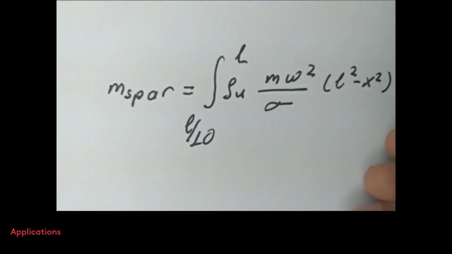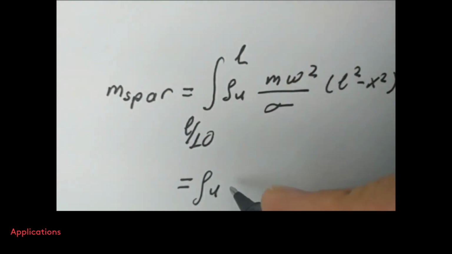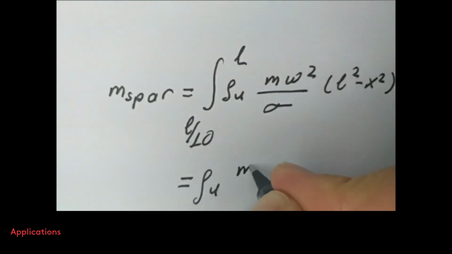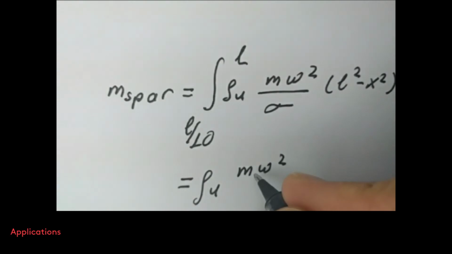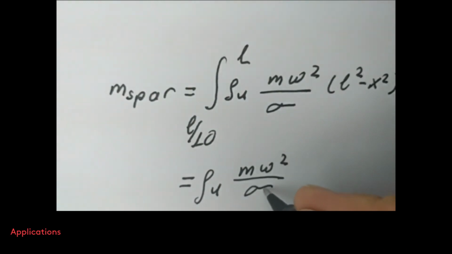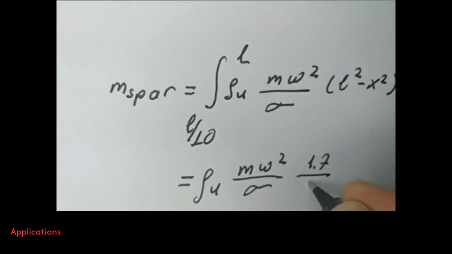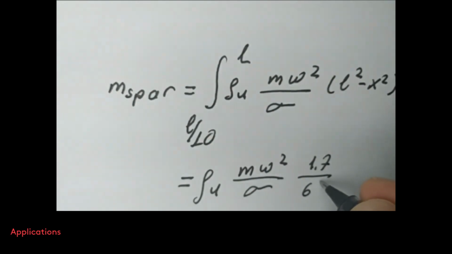If you do the calculation, what you are going to get is rho u multiplied by m omega square divided by sigma multiplied by 1.7 divided by 6 L cube.